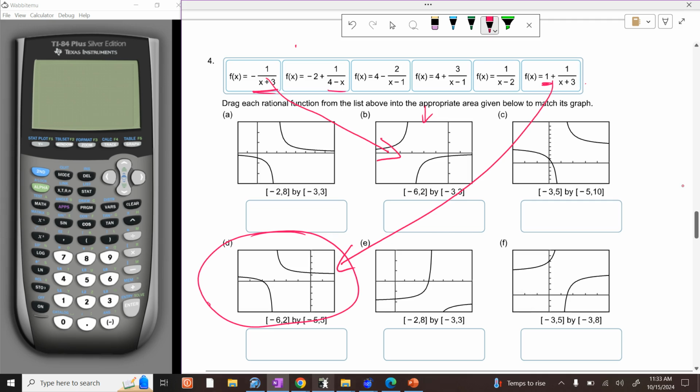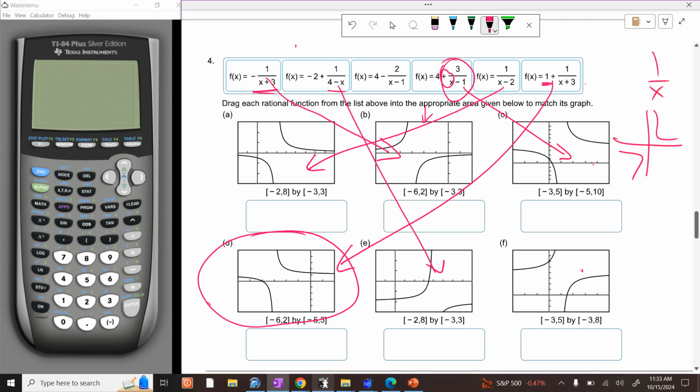The next one, 4. There's only one with a vertical asymptote of 4, and that would be this one. Vertical asymptote of 2 would be this one. This one and this one have vertical asymptotes of 1. If it's positive before this, it looks like that, because 1 over x looks like that.